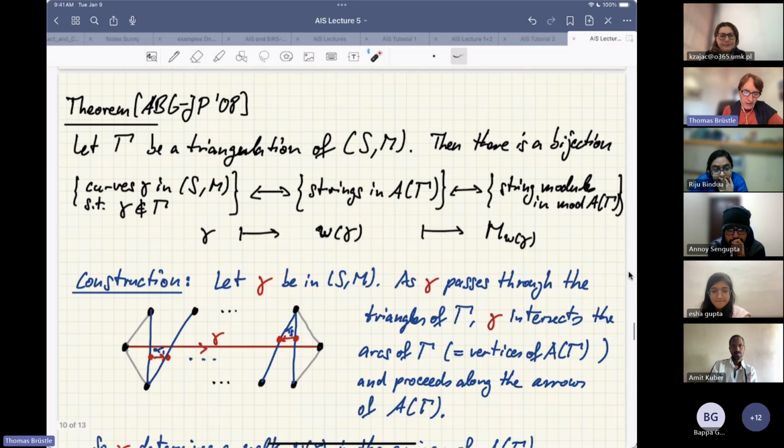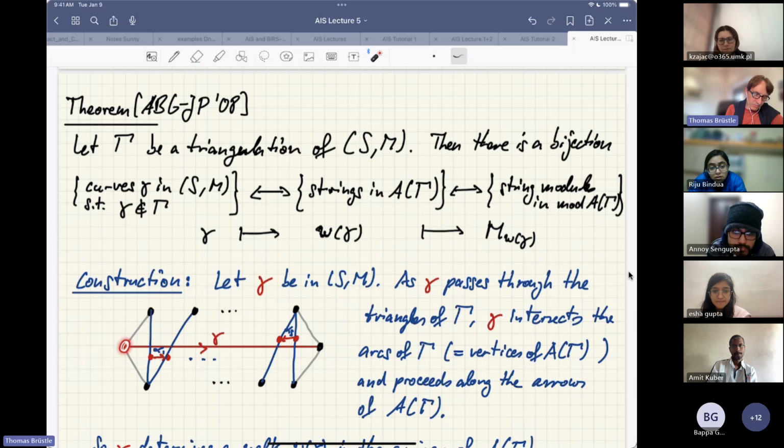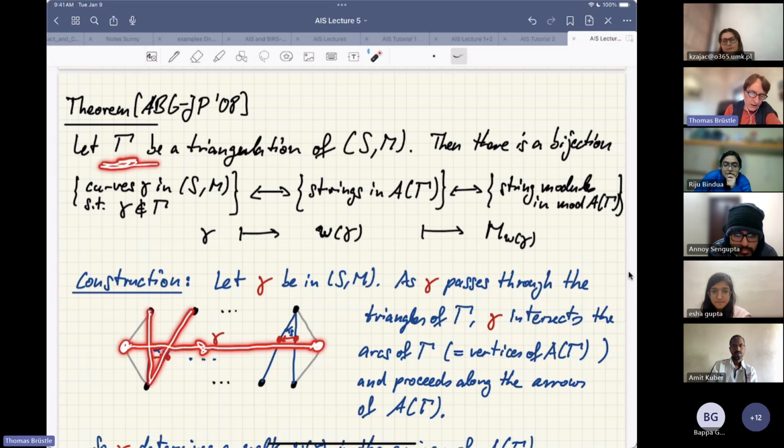So suppose I'm given a curve. A curve is not an arc, it is just a curve, so it might have self-intersections. Assume I have a curve in this marked surface, but the curve still starts at a marked point and ends at a marked point. When the curve passes through the surface from the first to the last marked point, and I fix a triangulation, it will intersect the arcs of the triangulation along the way.